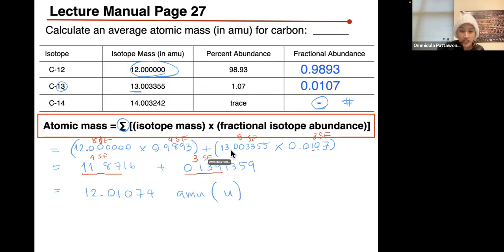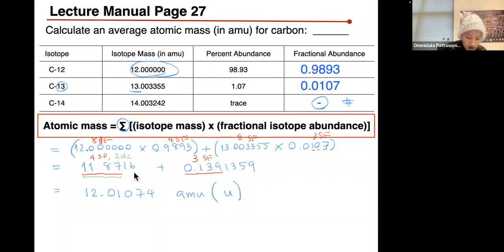Now, the last operation that we did is addition. Addition doesn't follow the least number of sigfigs, but the least number of decimal places. So in this case, we need to count the number of decimal places. The answer from the first operation, with 4 sigfigs, contains 2 decimal places, so I'm just going to write 2.